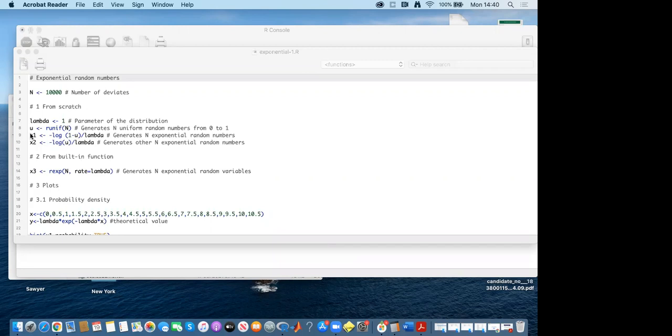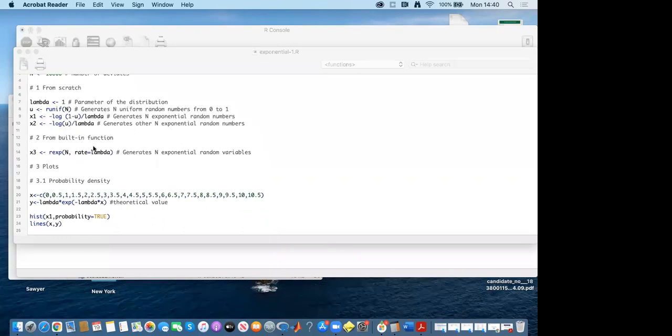Okay, that's fine. You can also use minus logarithm of u, instead of 1 minus u, because u is uniform in 0, 1 and so they have essentially the same distribution. The third possibility is you use the existing function, which is exactly what I was suggesting before.